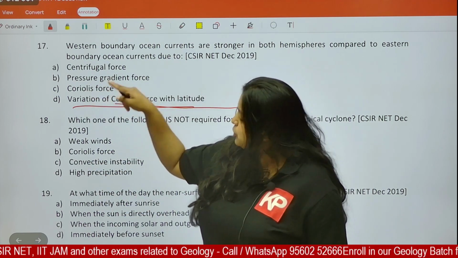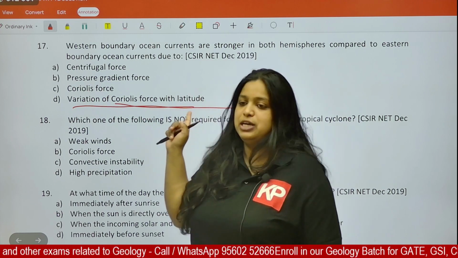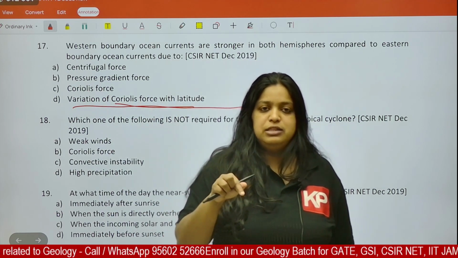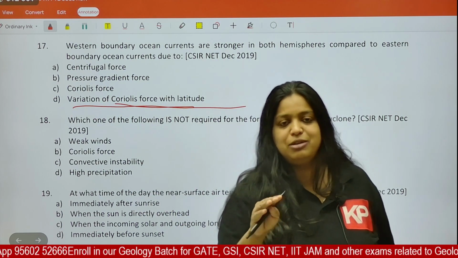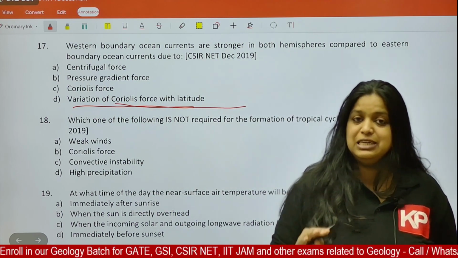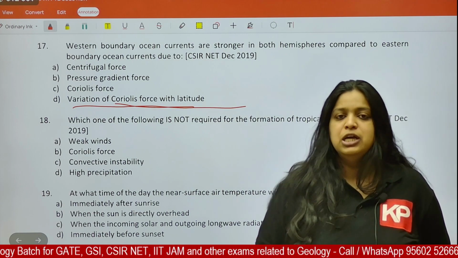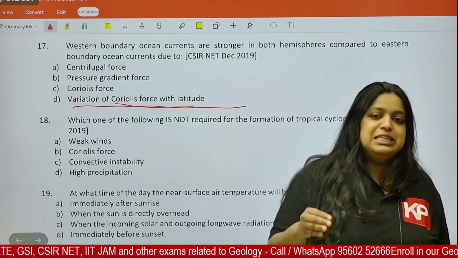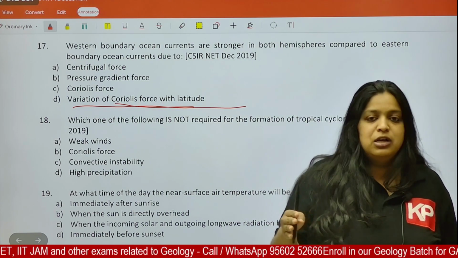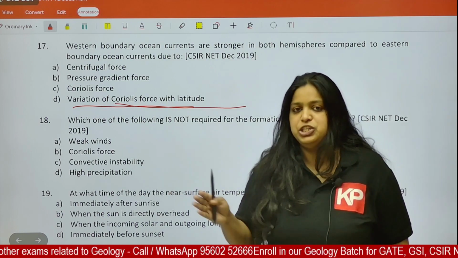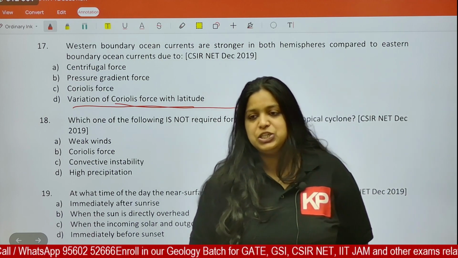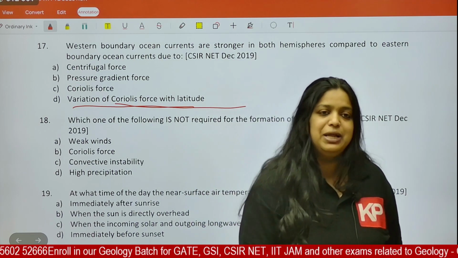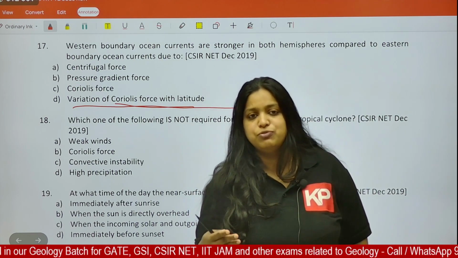Again, you should be very clear about the fundamentals of Coriolis force, which is the major reason for most of the atmospheric circulation directions or oceanic warm current or cold current directions. Everything is completely dependent upon this Coriolis force actually.